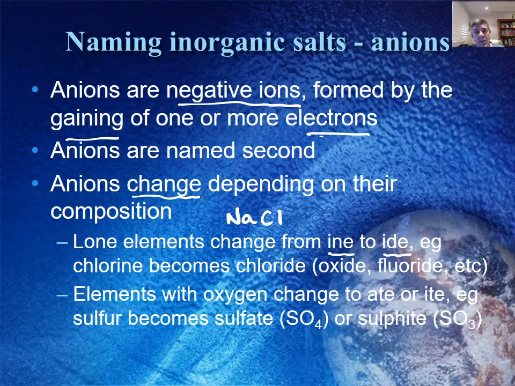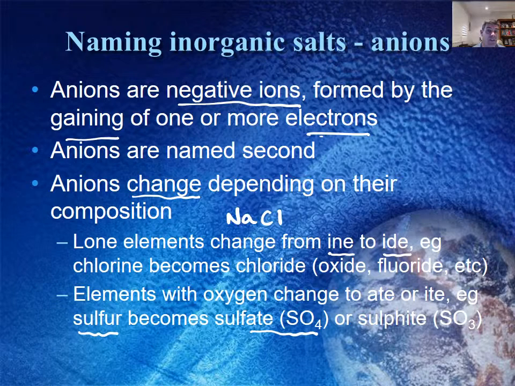Now we also have a few more complex salts that we need to look at, and those are the ones where the element is in combination with oxygen and/or other elements as well. Something like sulfur would be a sulfide unless it's in combination with oxygen. If it's in combination with oxygen, then it becomes a sulfate.